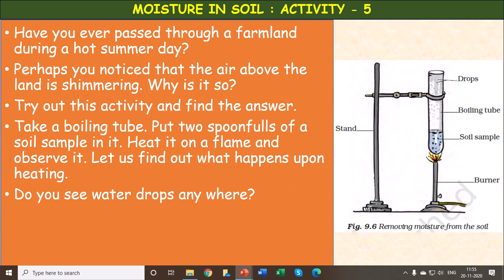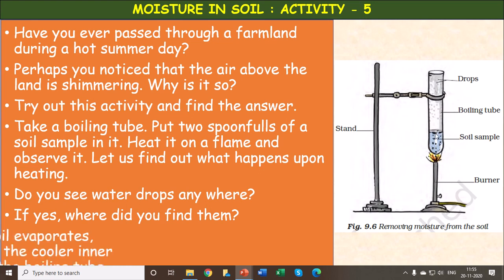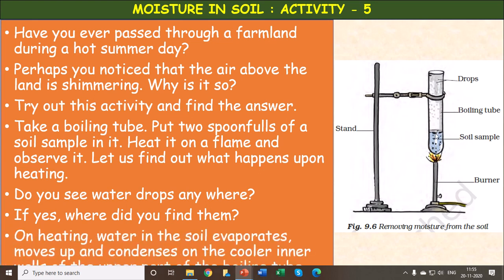What happens upon heating? Do you see water drops anywhere? If yes, where did you find them? You will find them on the edges of the glass tube. On heating, the water in the soil evaporates.